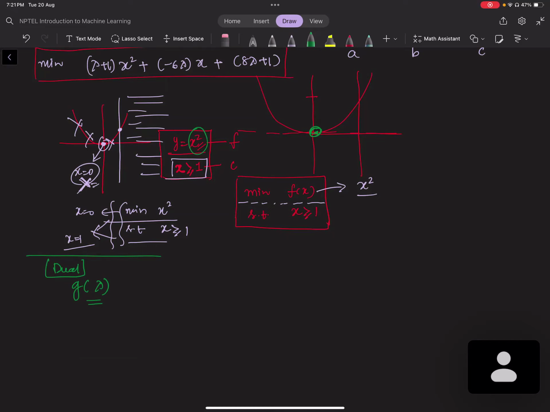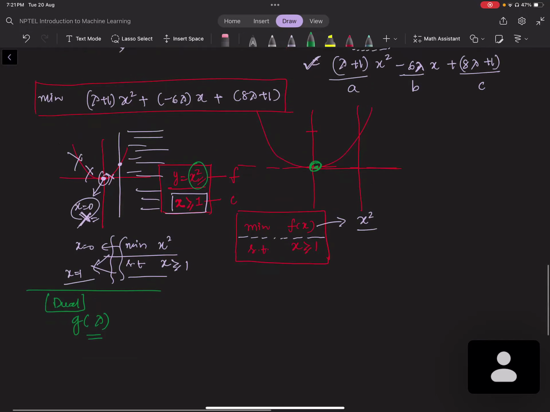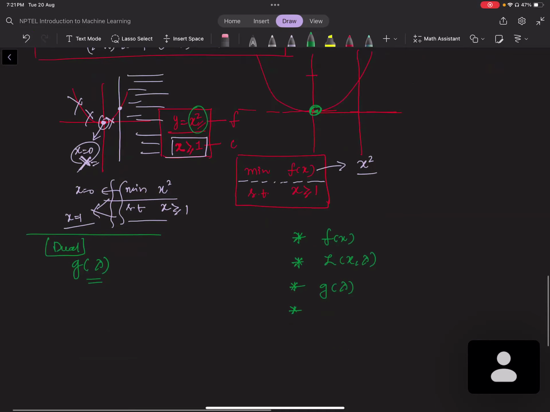So there was an original problem f of x, right? We need to minimize that. To solve this, we introduce the Lagrangian L of x and lambda. Then we find the dual function and solve it: solve g of lambda, then solve f of x.